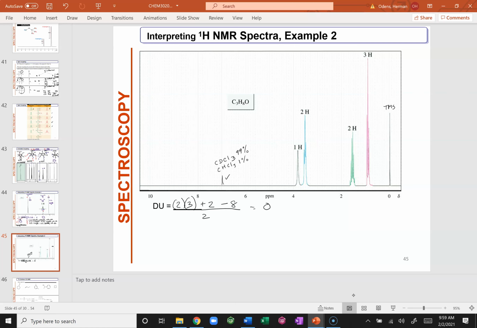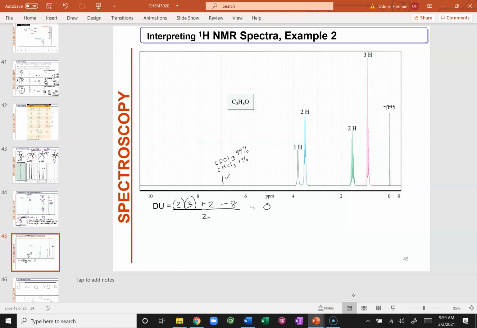All right, and if you don't have the TMS peak, let's say you have a deuterated solvent that's just deuterated chloroform without TMS in it, because they add TMS on purpose, so you have the two references. But if you only need one reference, so if you don't have the TMS, you can always standardize your spectrum by looking at the chloroform peak and typing 7.24.